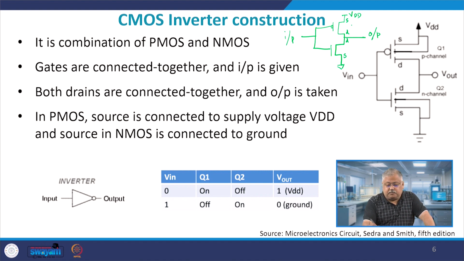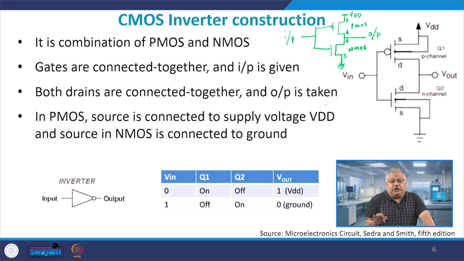So, this is PMOS, this is NMOS, and as you can see here, this PMOS and NMOS are connected in such a manner that the two drains are shorted with respect to each other. So, you see the drains are shorted together, the source of PMOS is connected to a higher potential, and the source of NMOS is connected to a lower potential.